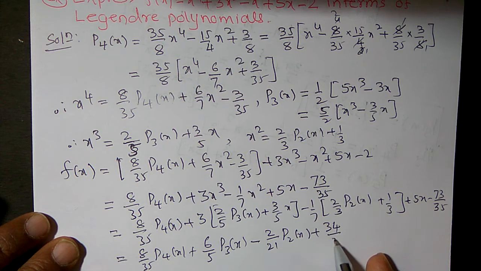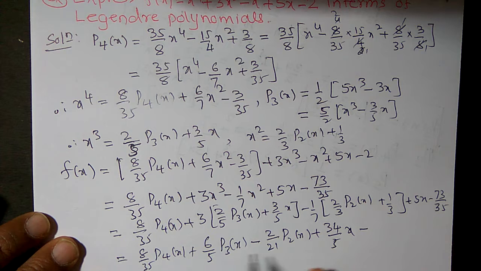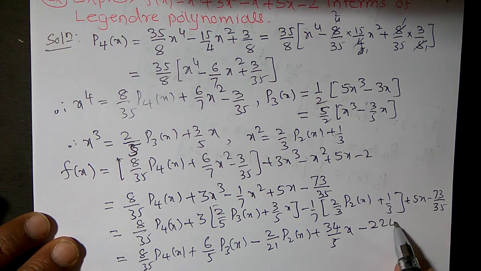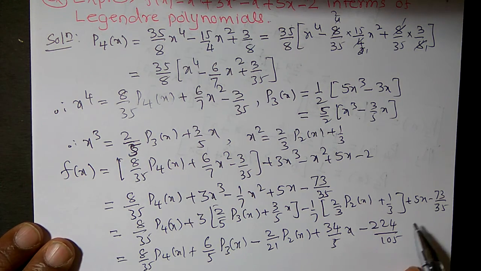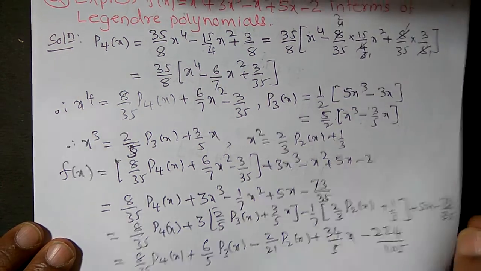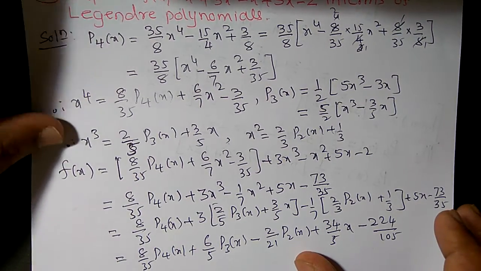Simplify: 34/5 times x minus 73/35 and 1/3 into 1/7. After simplification, you'll get 224/105, right? Okay.